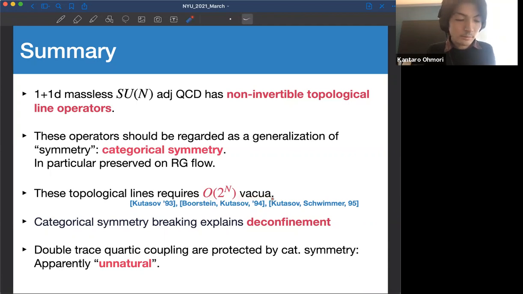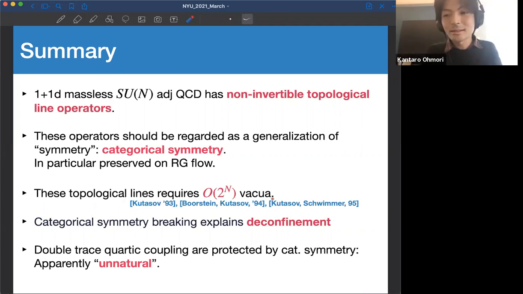It's a very interesting question whether there is a continuous symmetry. I know an example of continuous categorical symmetry in 1+1D, but I do not know in higher dimensions.